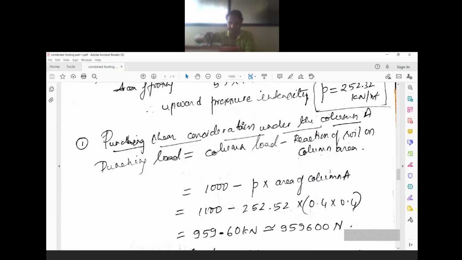So this has certain stability. If we provide a certain safe thickness, the punching shear can be counteracted. From this parameter also we can calculate the depth of the foundation. So this is what the punching shear is.